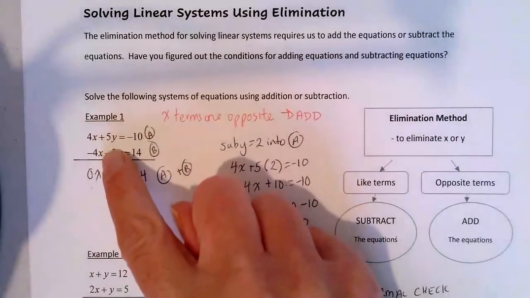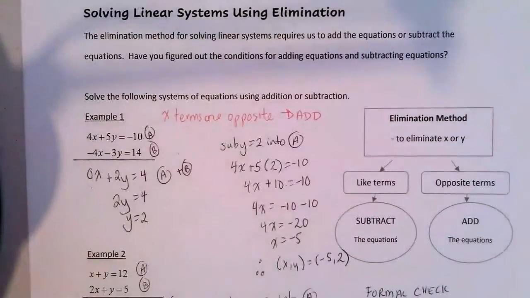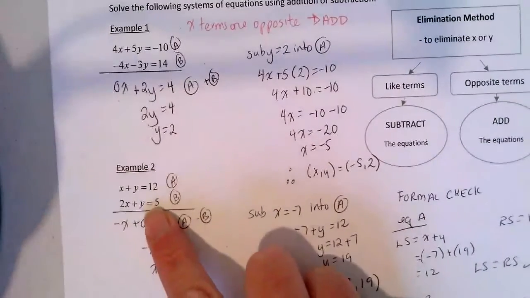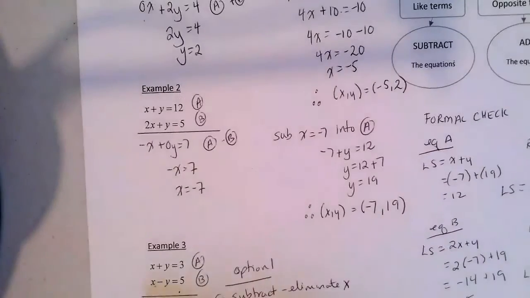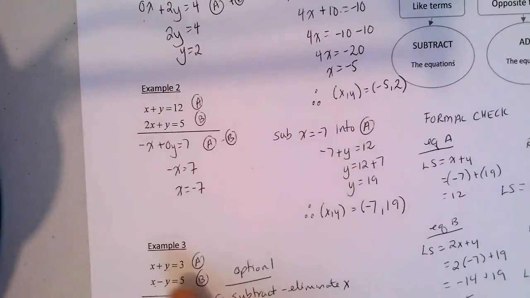Are your x terms opposite, or even your y terms? If you have opposite terms, you need to add the equations. If you have like terms, then subtracting will eliminate one of the variables. And if you have both like terms and opposite terms, then you have choice.